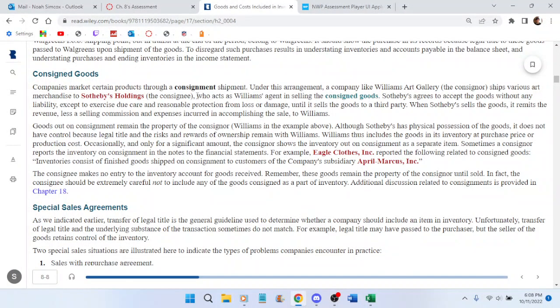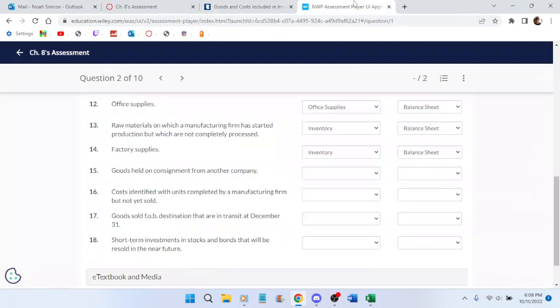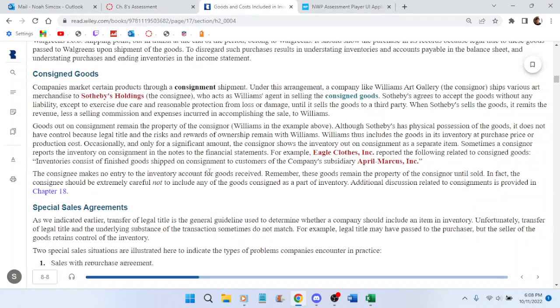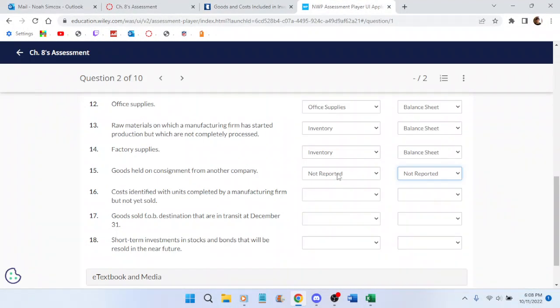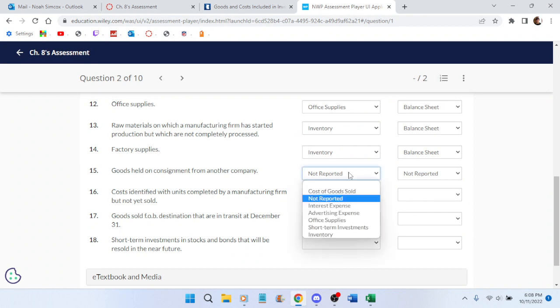Does the consigner? Yeah, it says no entry. So you would think it would be reported somehow, though. They would report it as something else. It's got to be reported somewhere. You would think it'd be reported.